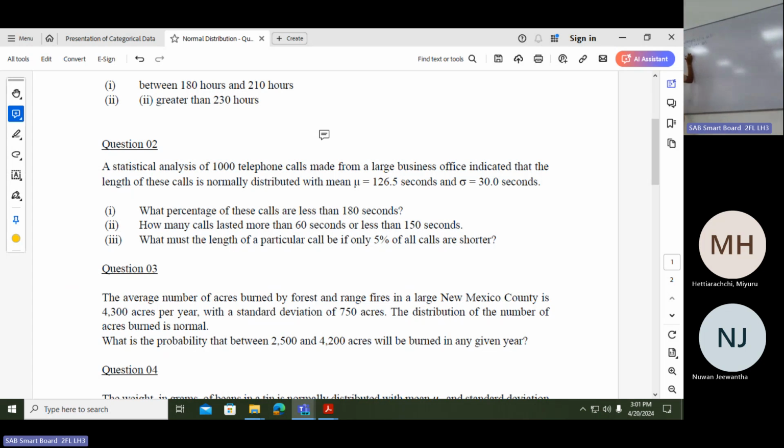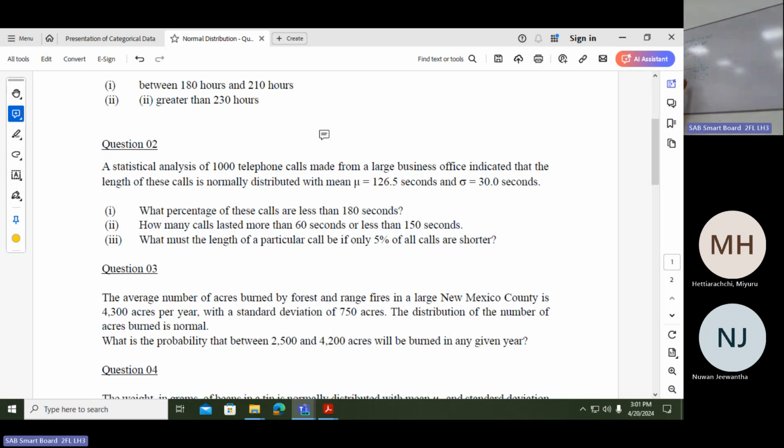Its value is less than 180. This is mu, 126.5, then 180. Less than 180 means this area. Then we want to convert it into z. This is 0.